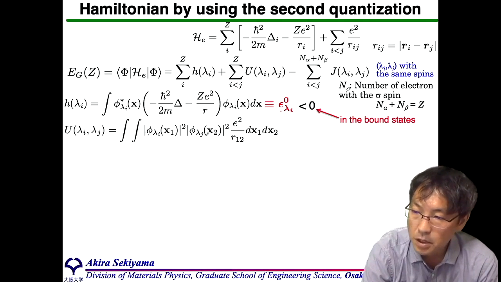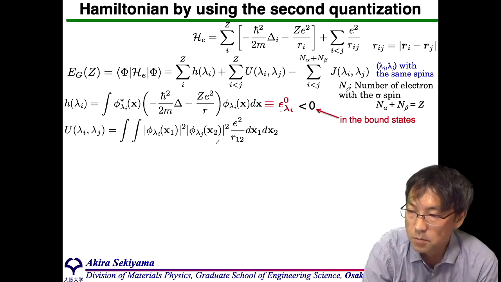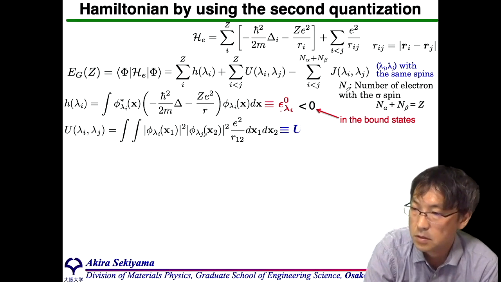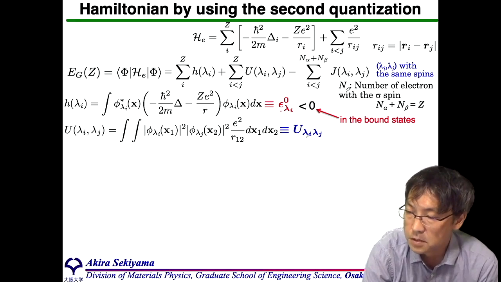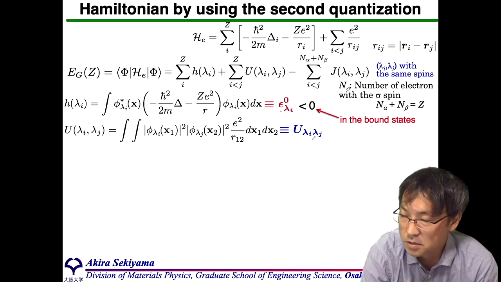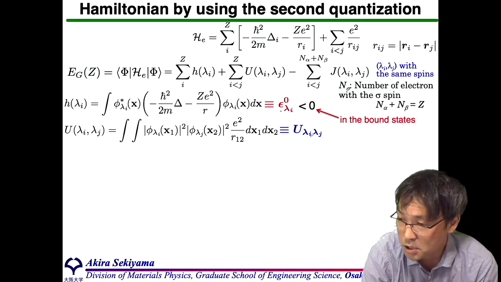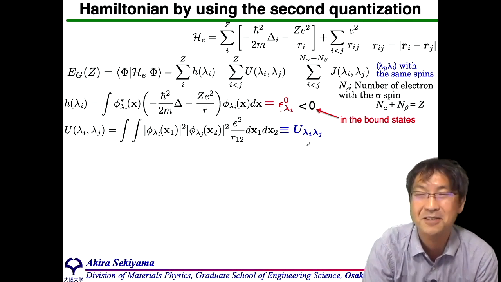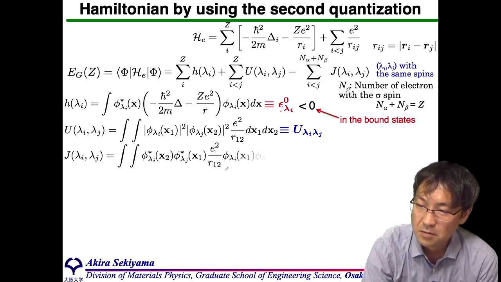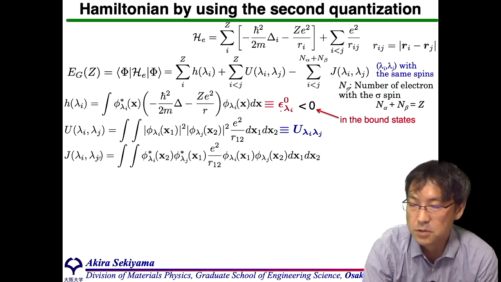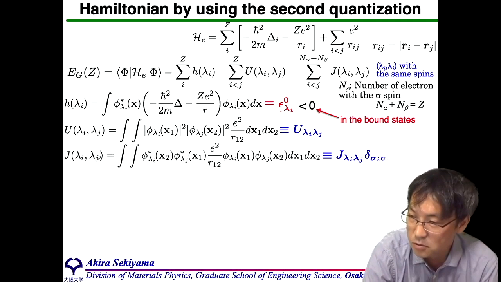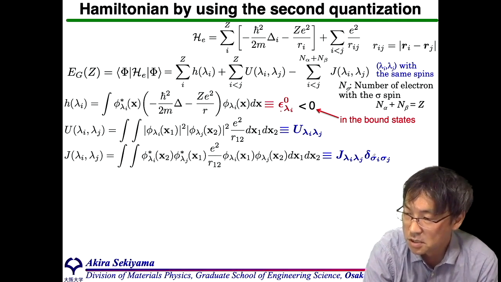The Coulomb interaction is obtained by this calculation, and we can define Coulomb energy as this one, for a combination of lambda i and lambda j. In the same manner, we can also introduce the exchange energy.